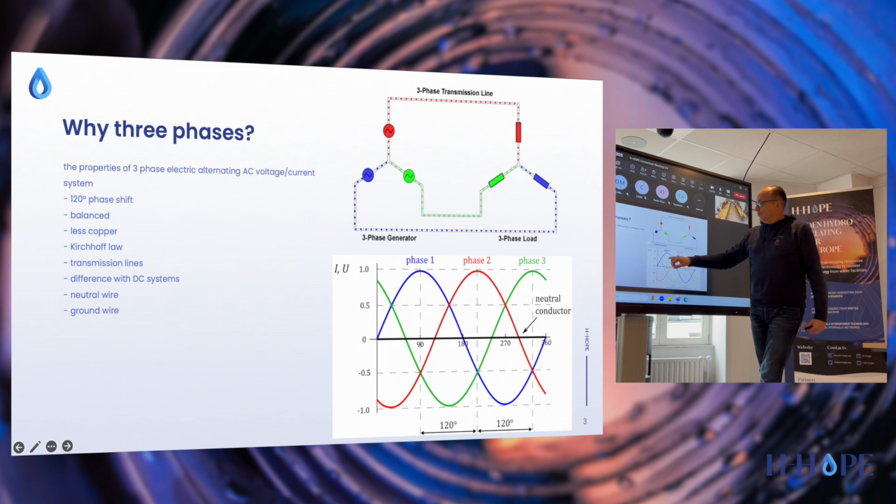And you may see that for this particular point here, the sum of the green phase and the blue phase equals the red one, and it's 0. 2 times half, once minus 1 is 0.